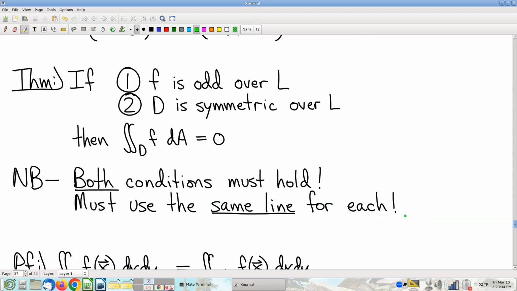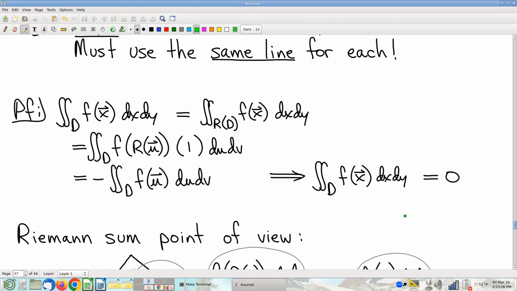All right. So let me show you a nice proof. This is a lot like the proof on the previous page for the single variable version. If you have such a double integral, remember, domain being symmetric means that it is its own reflection. So if I replace D with the reflection of D, no problem.